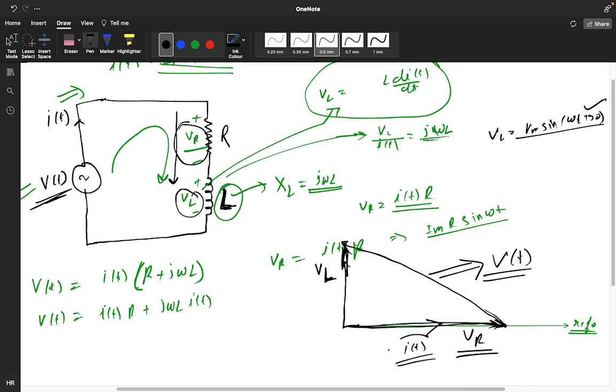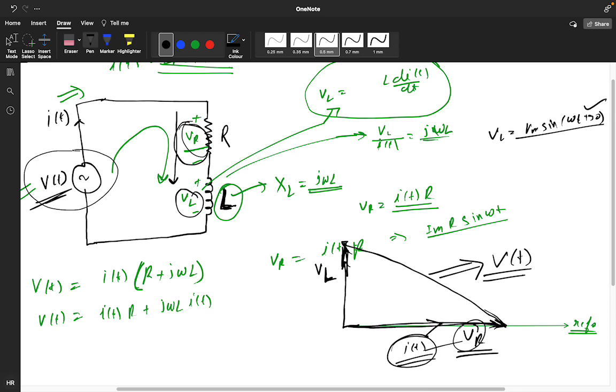So I of t and the voltage of the resistor will be in the same phase, neither lead nor lag, because we already know the voltage of resistance and the voltage of inductor will neither lead nor lag. I am talking about V of R, not V of t.